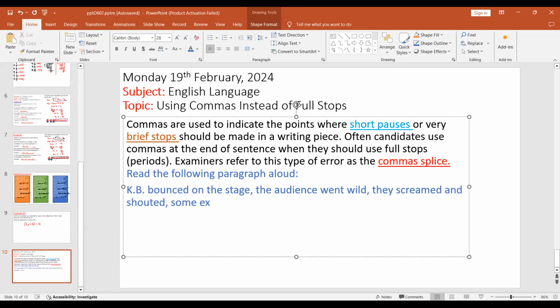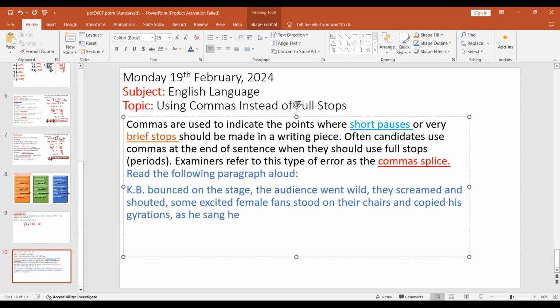Some excited female fans stood on their chairs and copied his gyrations as he sang.